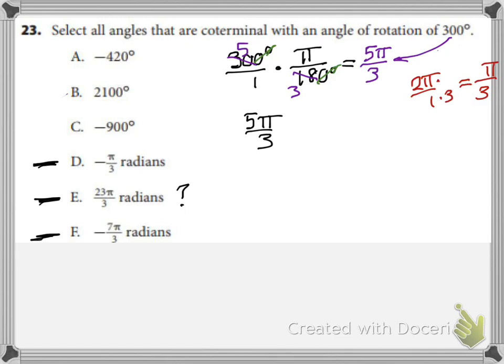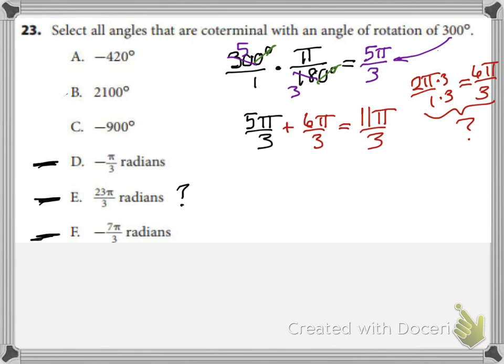So times 3, times 3, 6 pi over 3. I hope that pretty soon you're good enough that you don't have to write that down every time. But I still want to see what you're adding and subtracting. So 5 pi over 3 plus 6 pi over 3 is 11 pi over 3.